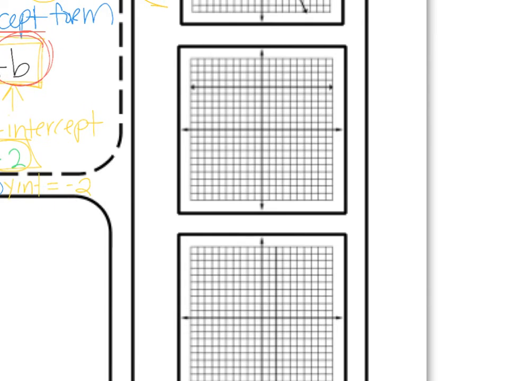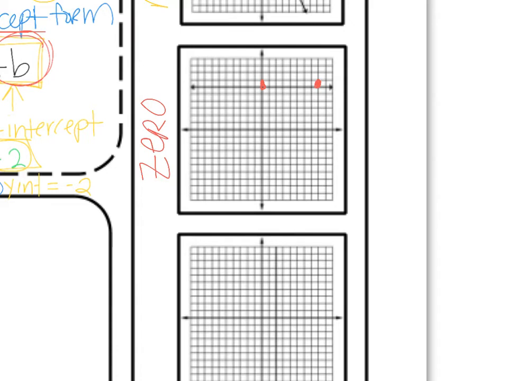Okay, let's look at this line right here. Anytime that you see a horizontal line, this has a slope of 0. Remember that the top number of our slope, our numerator, is how much the y is changing. Well, if I go from this point right here, and I find another point right here, how much do I go up and down?